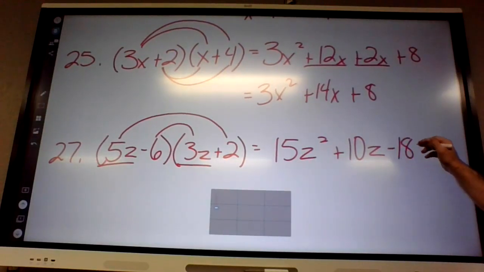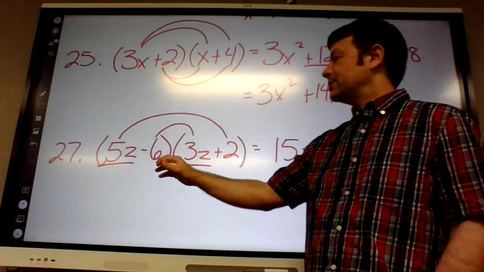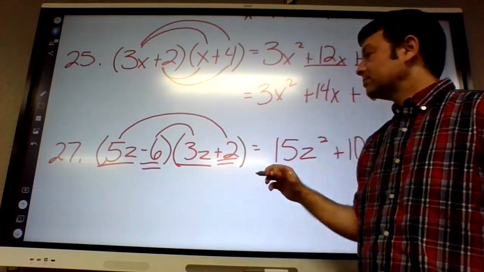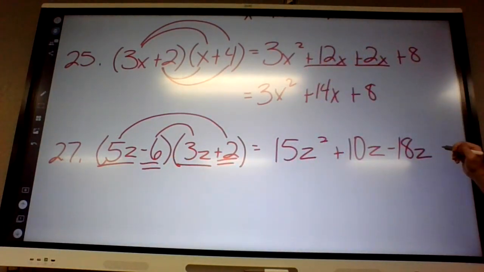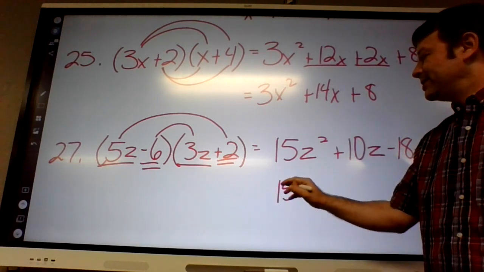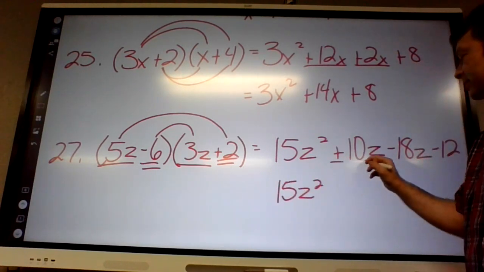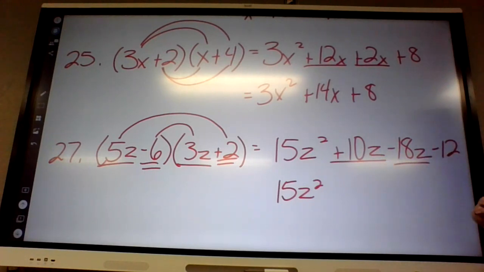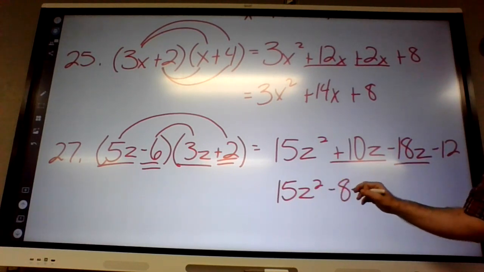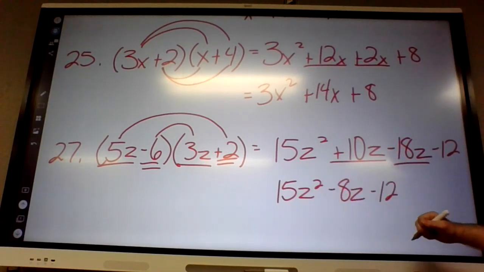Negative 18z. And then what is last? Negative 6 times 2, we're still multiplying, so negative 12. Yep. Okay, and then last step, 10z minus 18z. Negative 8z. Correct. You did it.